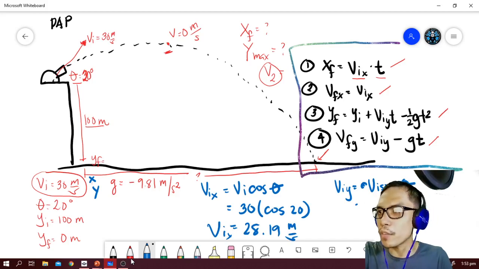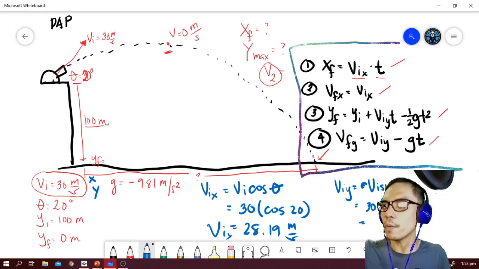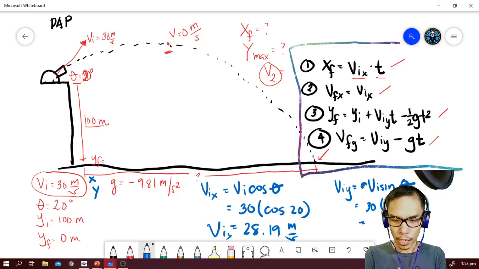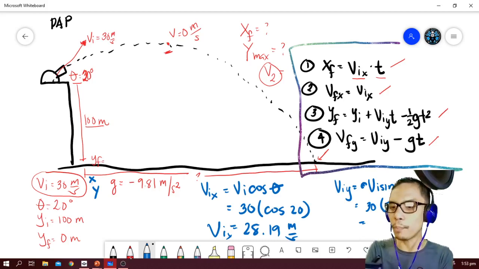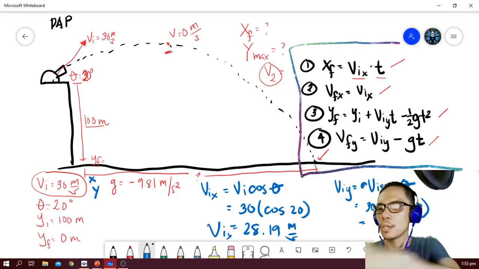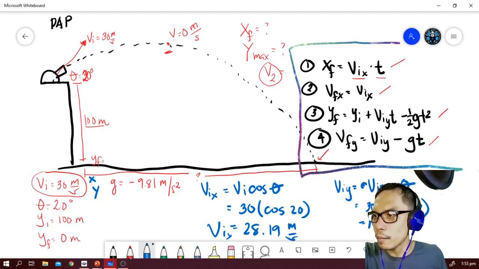Let's take a look at the v sub iy. So we have 30 times sine 20. Sine 20 times 30, so that will be 10.26 meters per second.